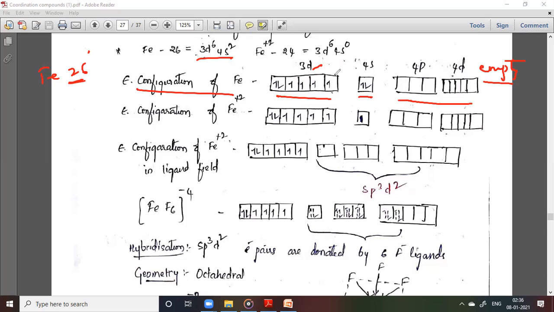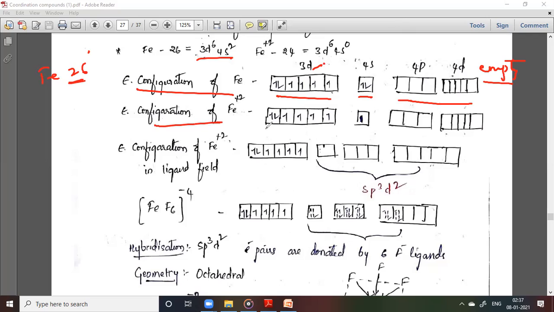But we have to draw them, because the hybridization will be with 4p and 4d. We have to take those empty orbitals to hybridize them. So let us understand this.